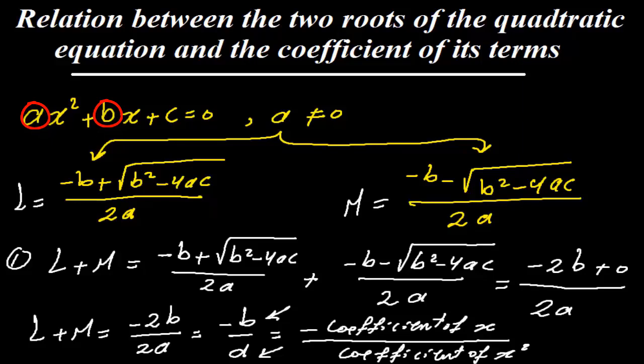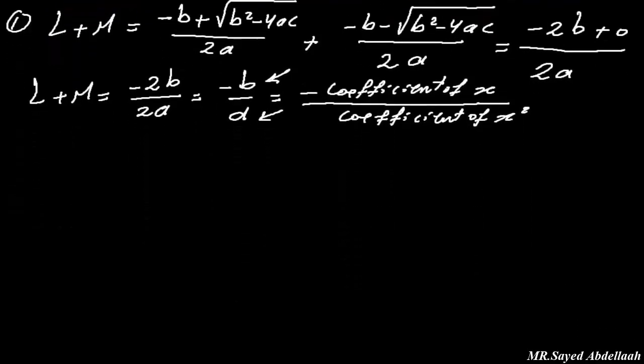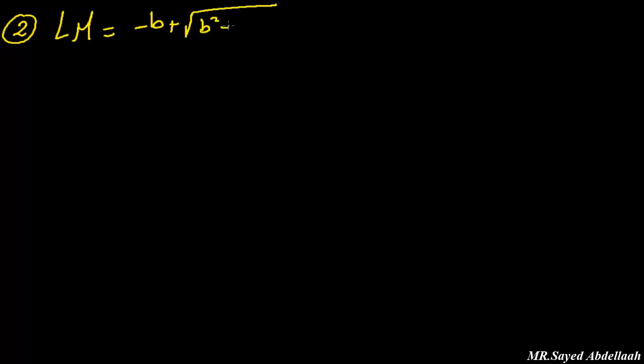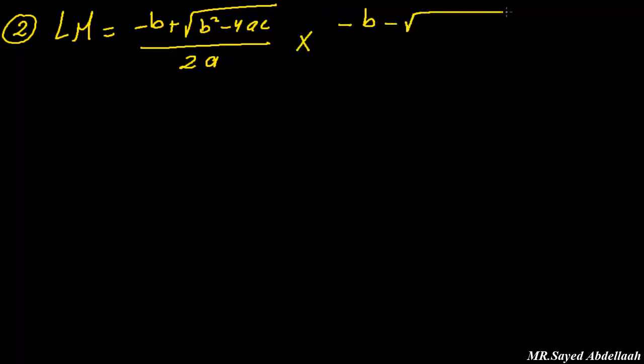The second relation is the product of two roots, L times M. Number 2, L times M. L is negative b plus the square root of b² minus 4ac divided by 2a, times M. M is negative b minus the square root of b² minus 4ac divided by 2a.